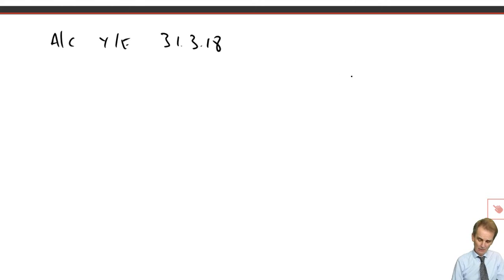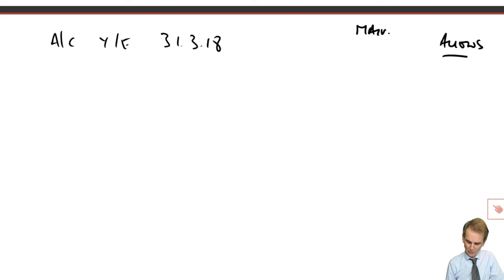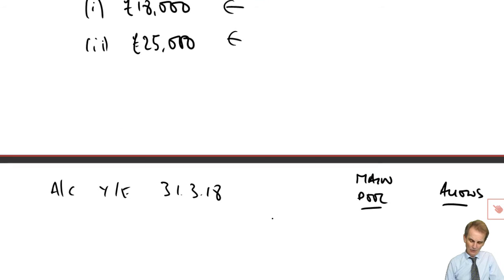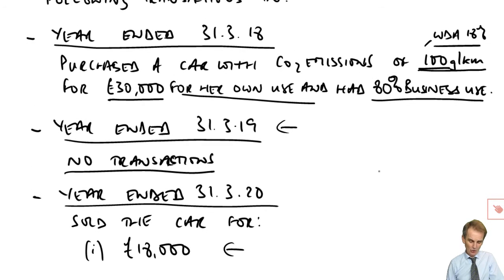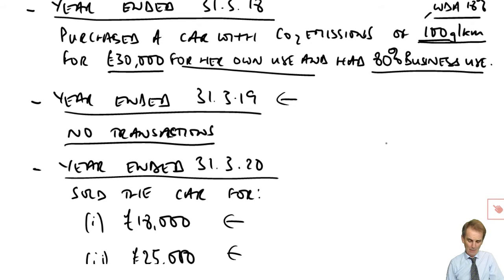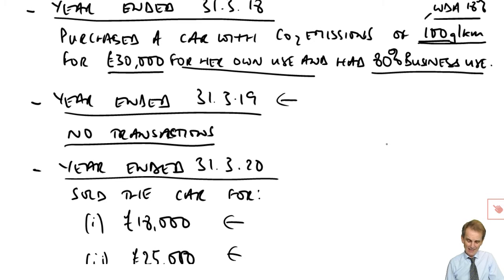Now we know again for this period that of course we always need our allowances available column. And we also know we've inherited a tax written down value brought forward on the main pool. The only purchase during these three accounting periods is an asset that does not rank for AIA and doesn't rank for FYA.